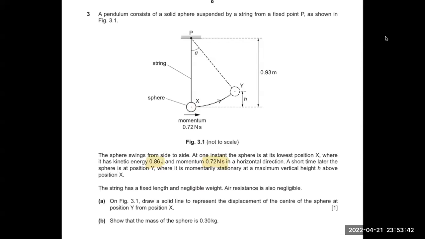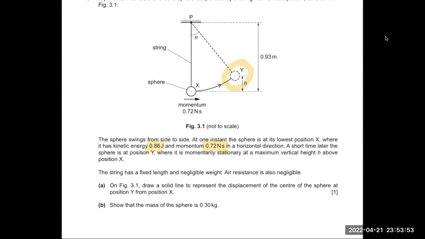A short time later, the sphere is at position Y, where it is momentarily stationary at a maximum vertical height h above position X. The string has a fixed length and negligible weight. Air resistance is also negligible. So no air resistance, no friction.